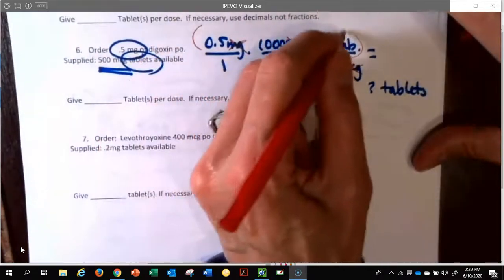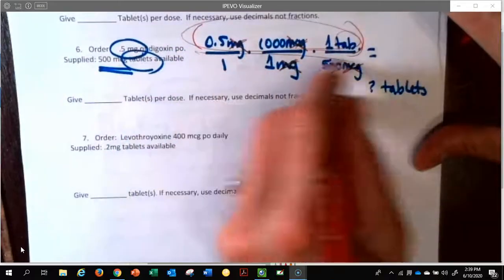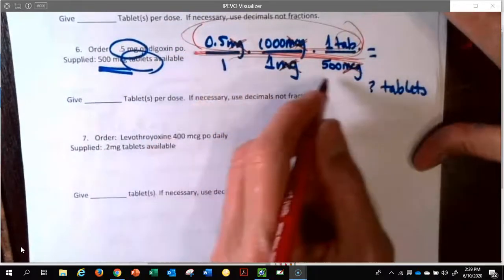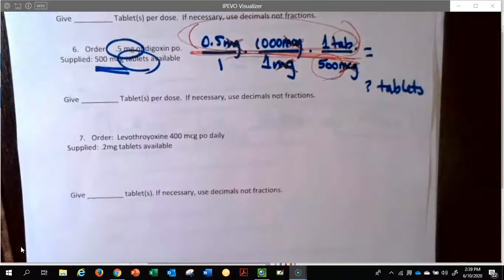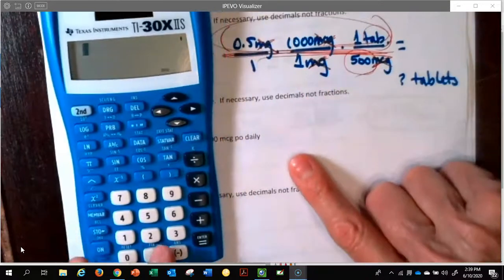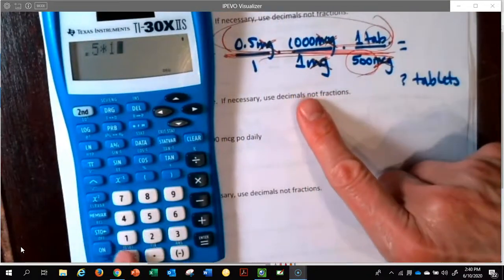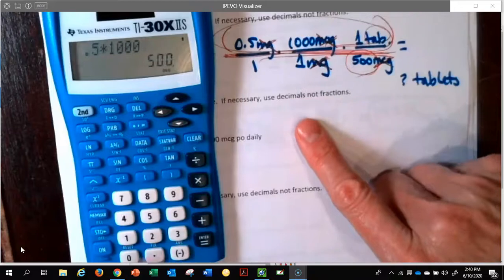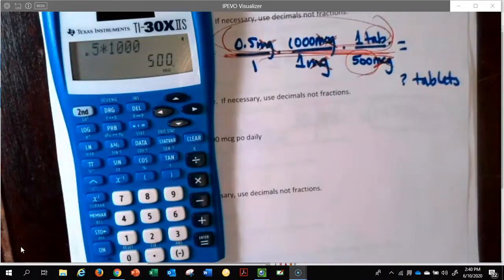I need to multiply all of my numerator together. I need to then divide by everything in my denominator, which is technically just a 500. So let's see what's going on here. We're going to hit clear a bunch of times, and I'm going to do 0.5 times my 1,000, and I like to hit equals. That just signifies I'm done with the numerator. It's like parentheses.